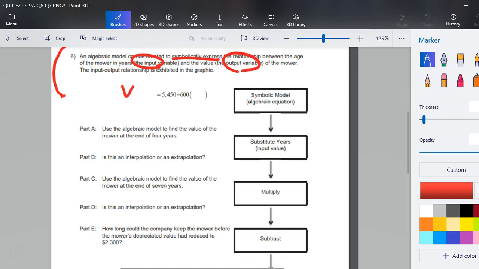And so if we look here, and I love using words, the value starts at $5,450. That is actually the b, the y-intercept. And we're going to go down $600 for every year that we have this item, this mower.